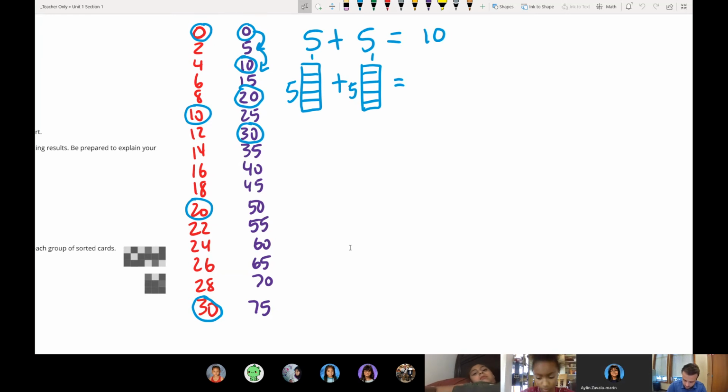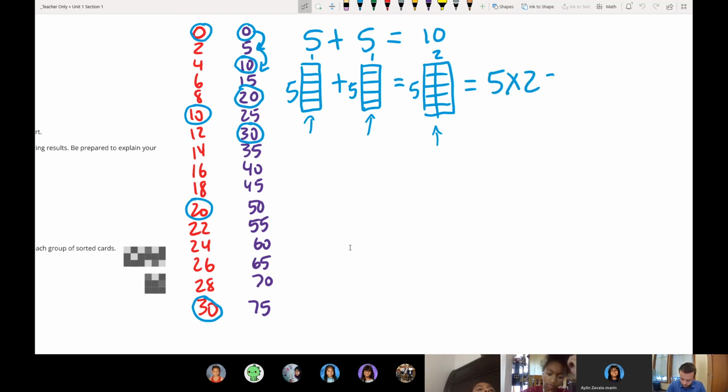Well, that's the same thing as a bigger rectangle. That's a 5 by 2, isn't it? If we add those single columns there and there, it can come together to make one wider, 2 column wide, 5 rows rectangle. And we said when we're finding the area of a rectangle like that, well, that's the same thing as multiplying one side by the other. Are you following me so far?